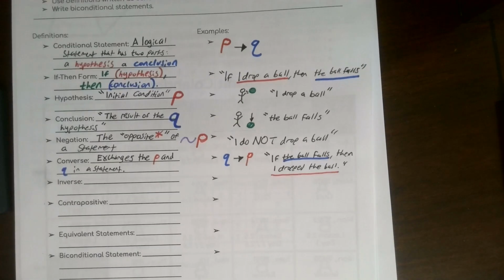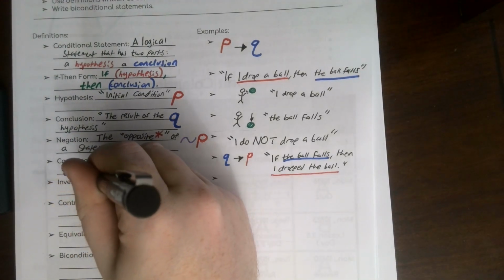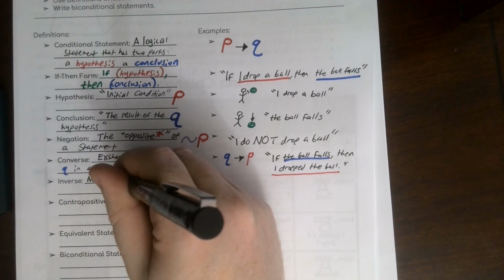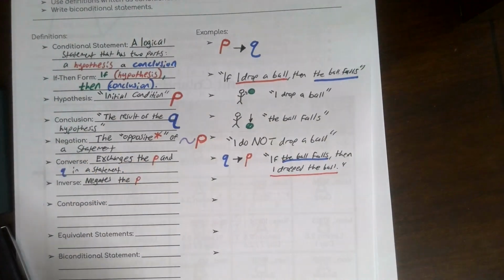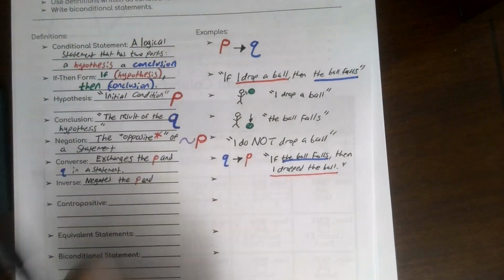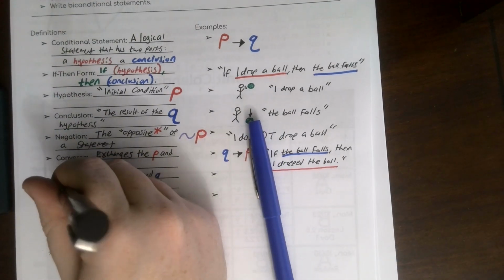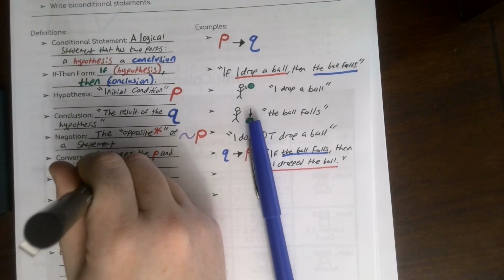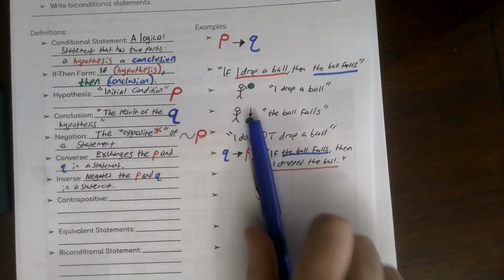Next up, we have the inverse. The inverse of a statement just negates both the hypothesis and conclusion. It negates the P and Q in a statement. Remember, the negation is sort of like the opposite.